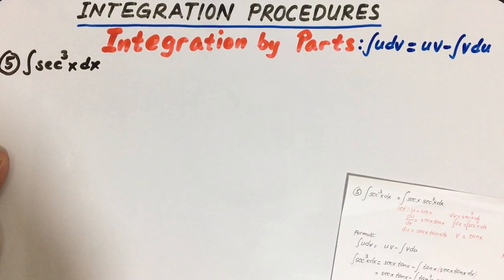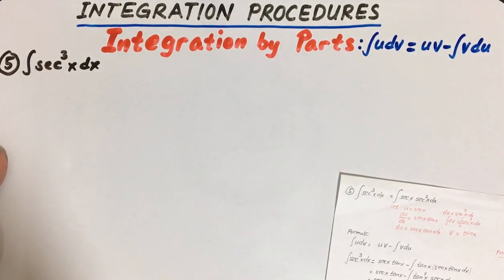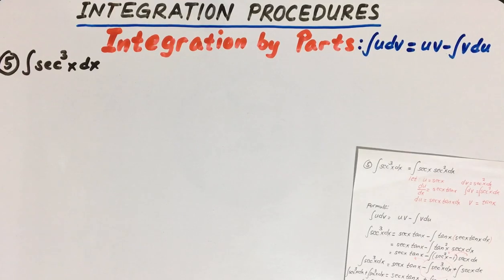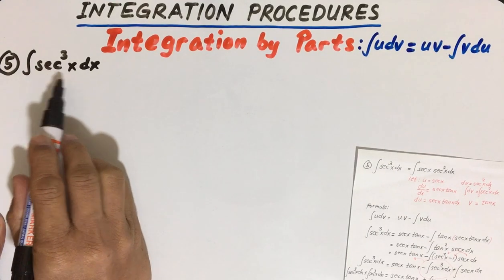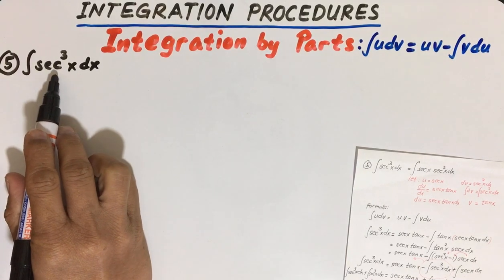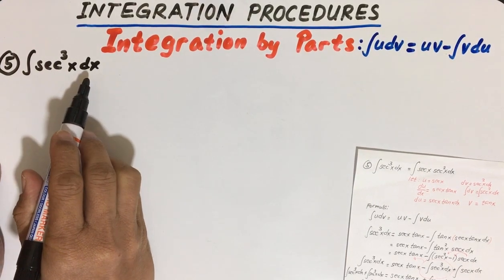To solve this problem, again, we are going to apply integration by parts, but before we can do that, we have to rewrite our given. We have to break this into two parts. So we have secant cubed x dx.